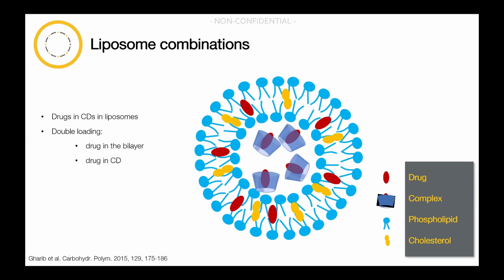To my knowledge, there are no marketed products with this combination, but it's feasible. I'm sure that it increases the efficiency of the formulation, but it's a little bit more complicated than just using liposomes or just using cyclodextrin. Maybe if you know of any marketed product, please tell me in the chat.